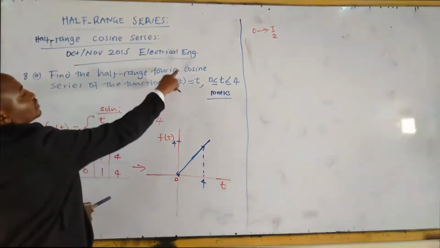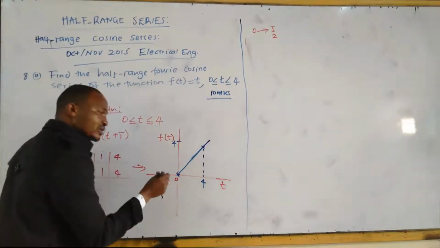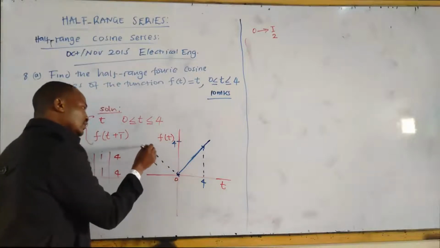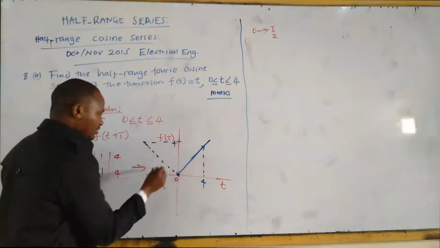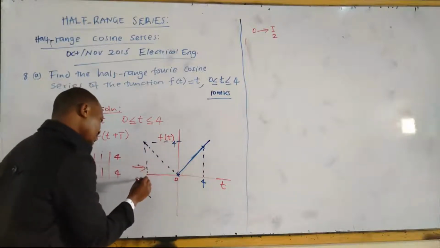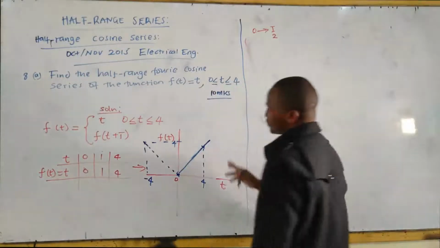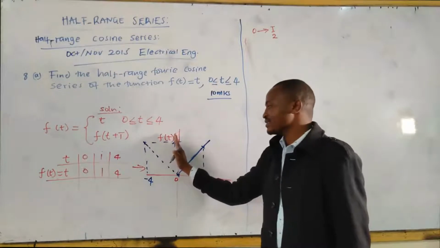Because we want to get a cosine series, we must make it even, symmetric about the y-axis.